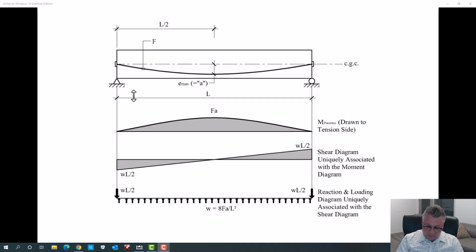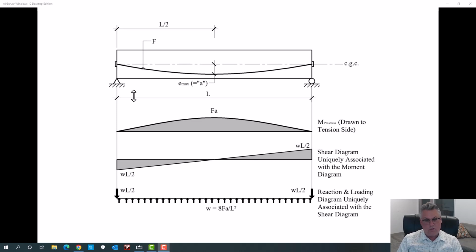So we start with that moment diagram, and again, we're going to work backwards just like we did before. We can work into the shear diagram that must be created by a parabolic moment diagram. Remember, the derivative of a parabolic moment diagram, a second order squared equation, is going to be a linear equation. So the shear diagram created by a parabolic moment diagram must look like this. Has no other choice.